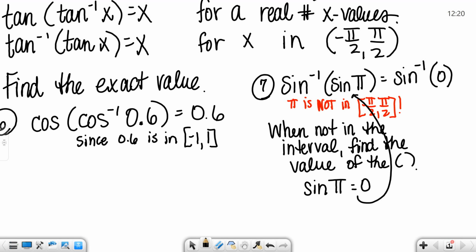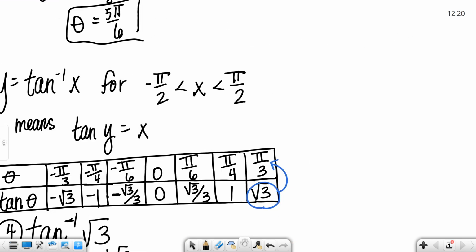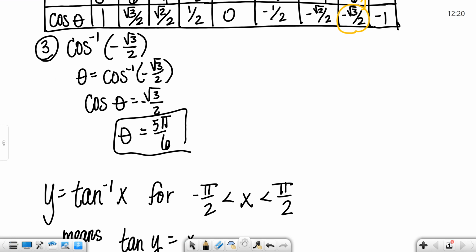Okay, so we're looking for some angle whose sine is 0. What that means is theta equals the inverse sine of 0. So the sine of theta is 0. So go to the table and find where the sine of theta is 0. I'm going to attempt to scroll all the way back to the beginning and find that sine table so I can show you what I'm talking about.